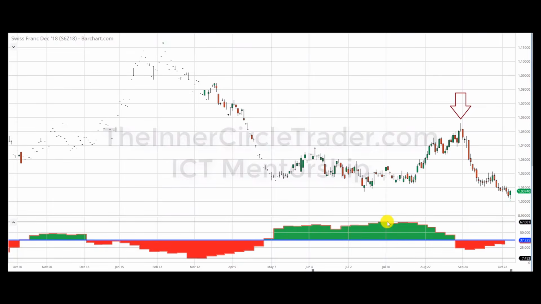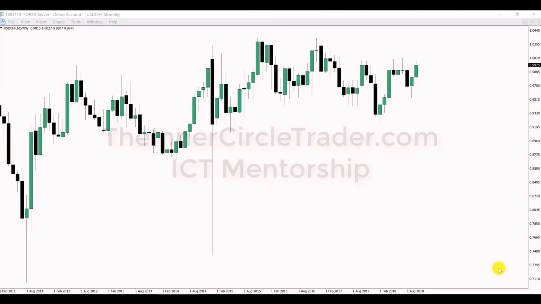So now with that information, let's go over to the dollar Swiss pair for Forex and pull out some information relative to price action model number 6. Okay, so we're looking at the dollar Swiss. This is the monthly chart. And again, I'm going through the same progression that I taught in the mentorship.